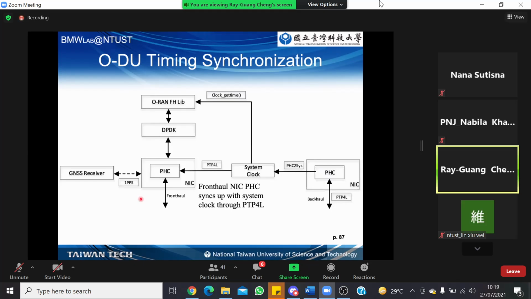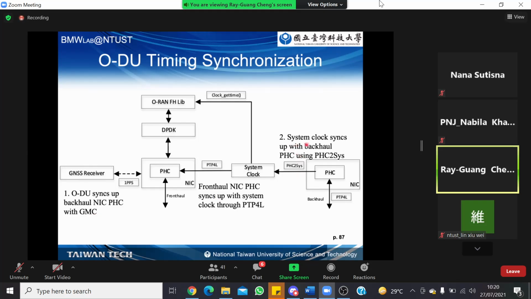This is an example. The first step is to have a GNSS receiver, so you can generate one PPS. So the ODU will sync up the backup NIC with the grandmaster clock.